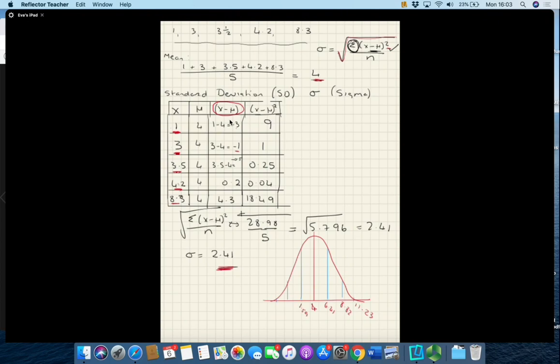Minus 2.41 again, in theory this is minus 0.82, and minus 2.41 again, in theory this location here is minus 3.23. So that is how you break a normal distribution up into 6 parts, 6 standard deviations.